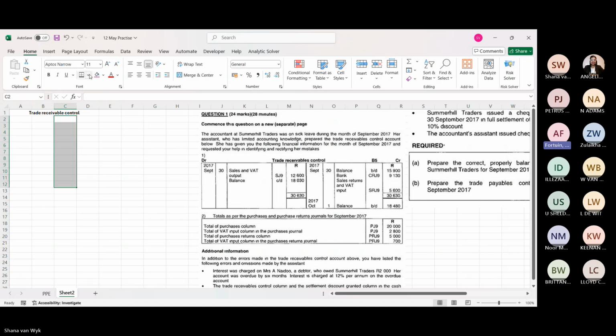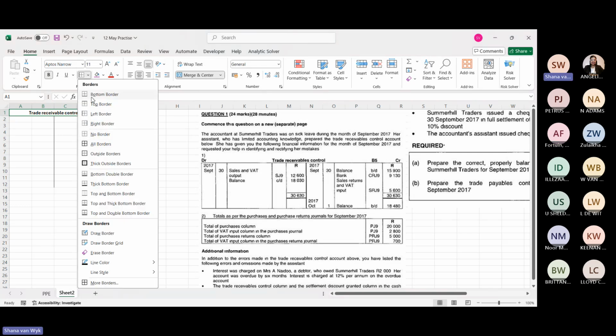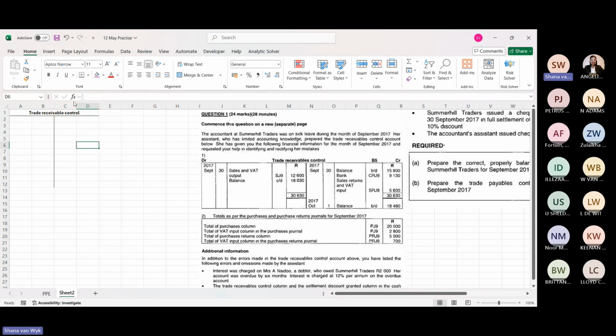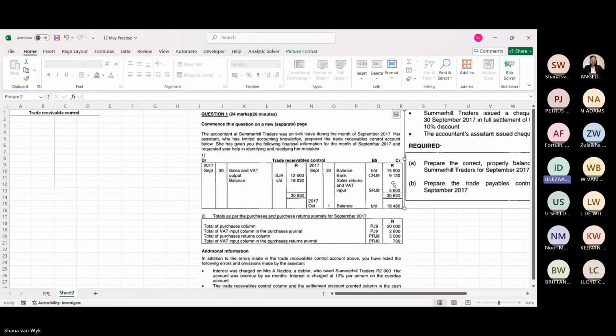Is there more people that want to talk? Ilzan? Yes, I talked way too much. No, that's a good example, Angelique, but Ilzan, this is where I get mostly stuck. I'm glad that you're doing this because I think this is the area where we did the least amount of exercises. We didn't get a lot of classes and examples of trade receivables.